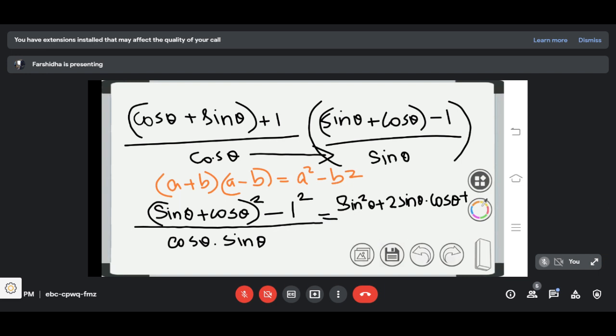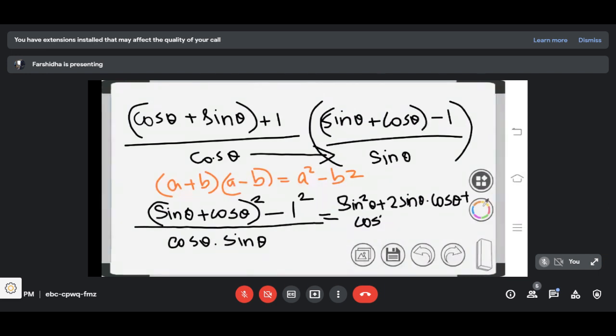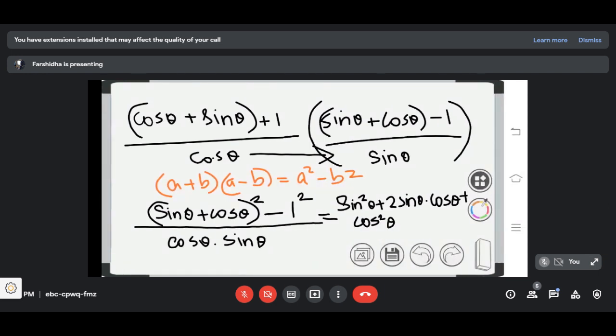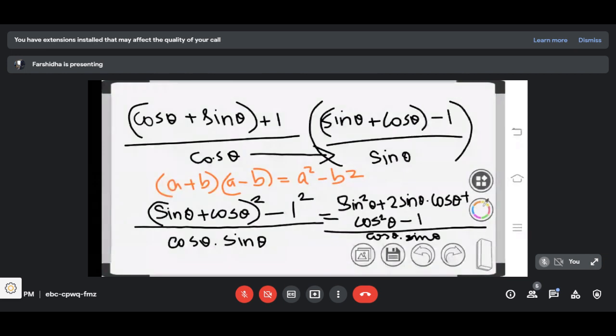B is what? Cos theta. Cos square theta. Then here minus 1. 1 square means 1, so minus 1, divided by cos theta into sine theta. So now we have expanded the identity A plus B whole square.